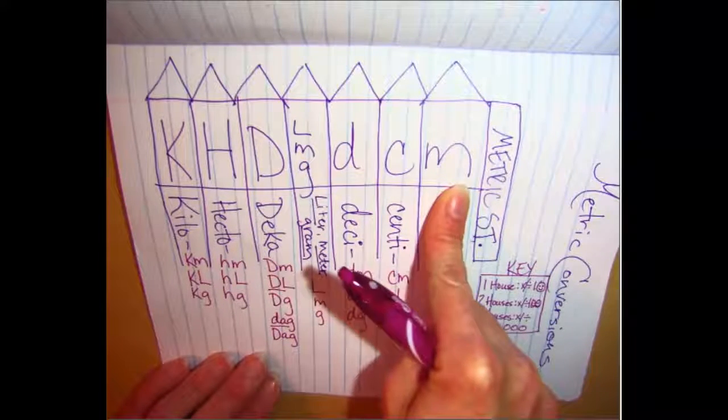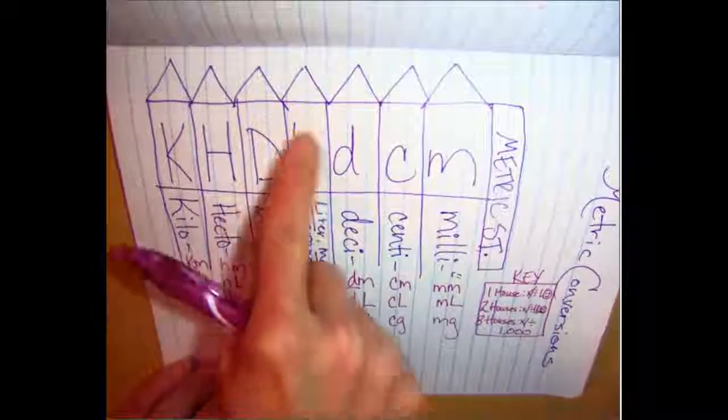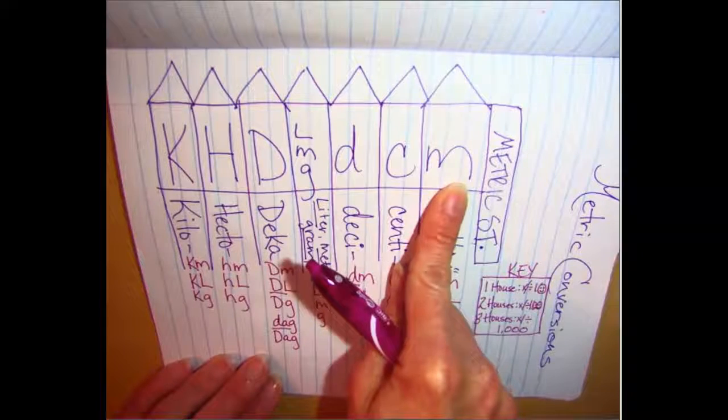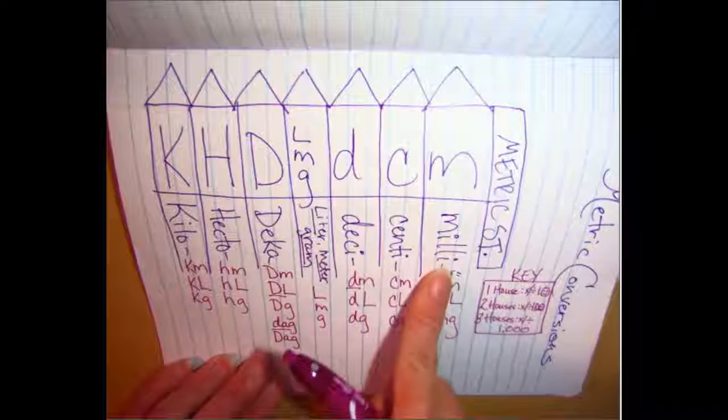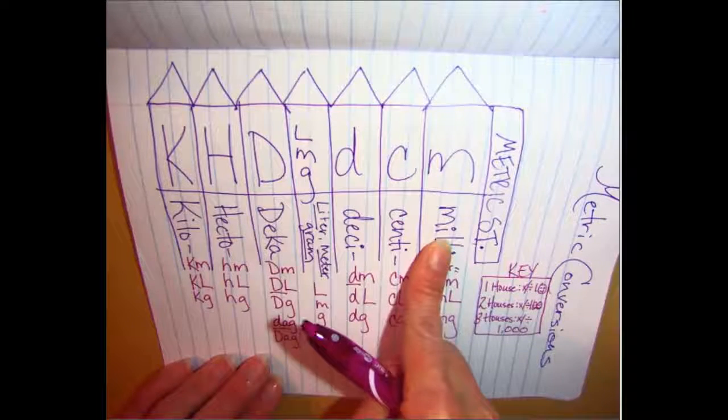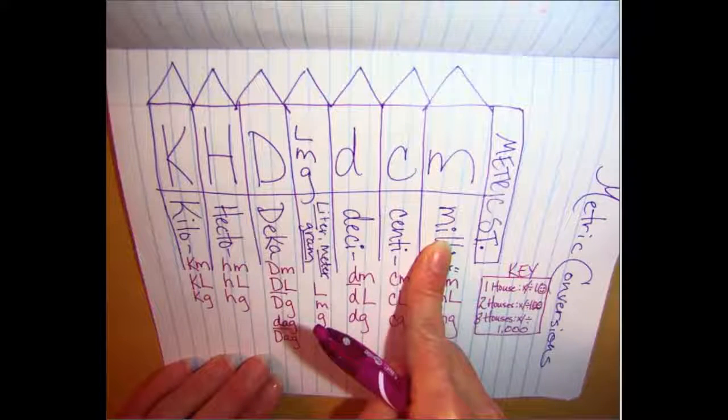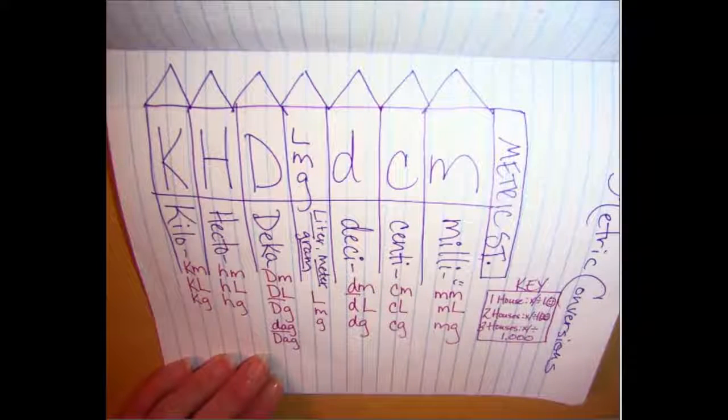How many zeros do you think you're going to need? 6 houses would be 6 zeros. So 1 million millimeters is equal to a kilometer. Got it? It's just determining how many zeros you use.